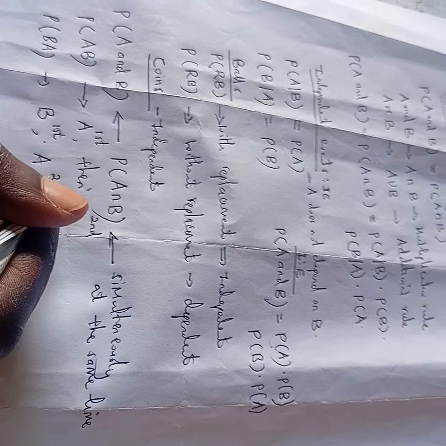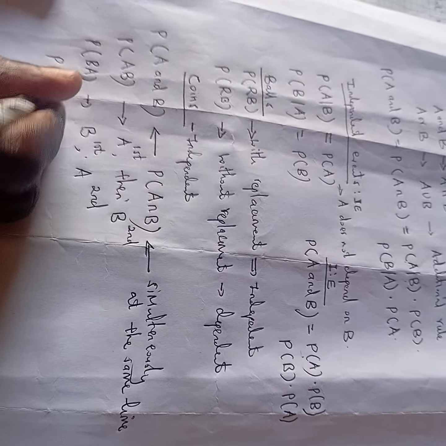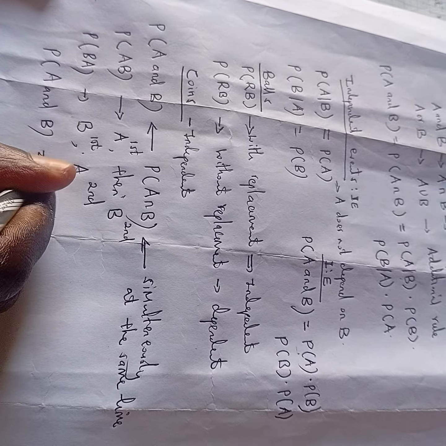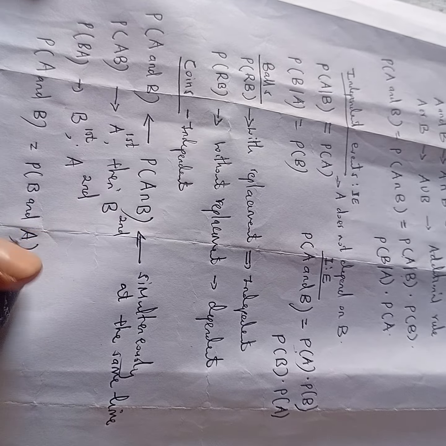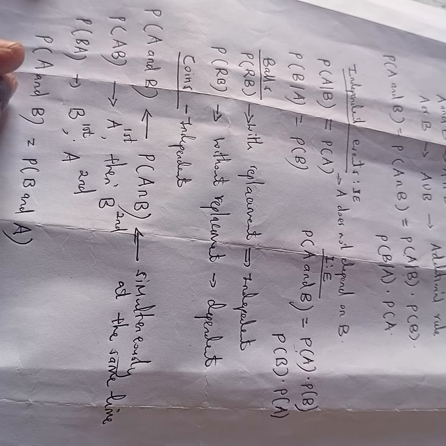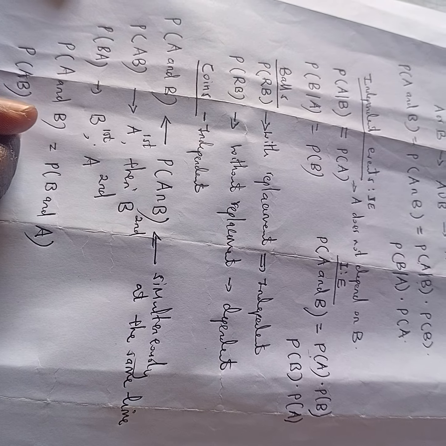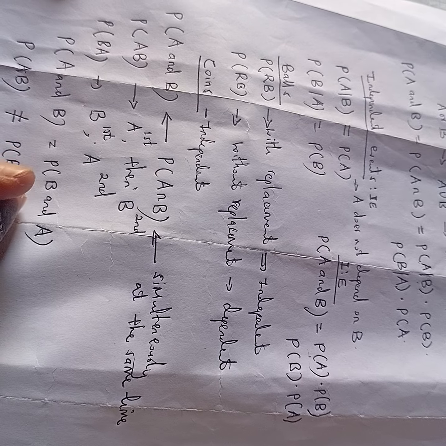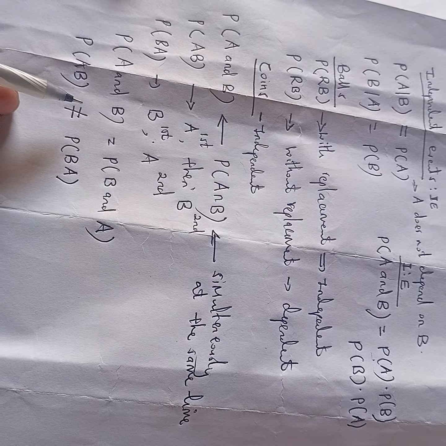So that implies that the probability of A and B can also be equal to the probability of B and A. But the probability of A and B cannot be equal to the probability of BA, according to my explanation here.